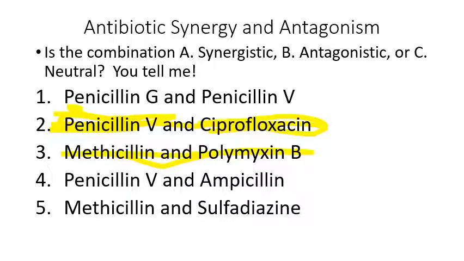So polymyxin B tends to be more effective with gram-negative cells, because the plasma membrane is more easily accessible than it is in gram-positive cells. So I would say those two are probably very synergistic.